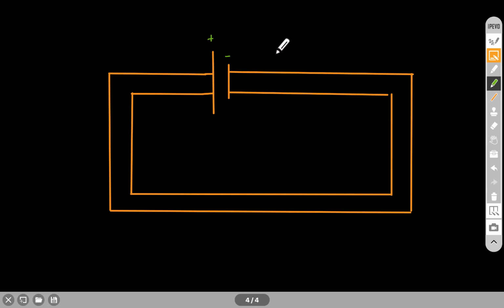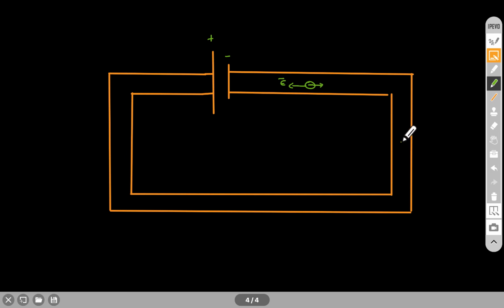So I saw electrons flowing this way, which means the force acting on the electron was going to the right, which means that the electric field created had to be to the left.